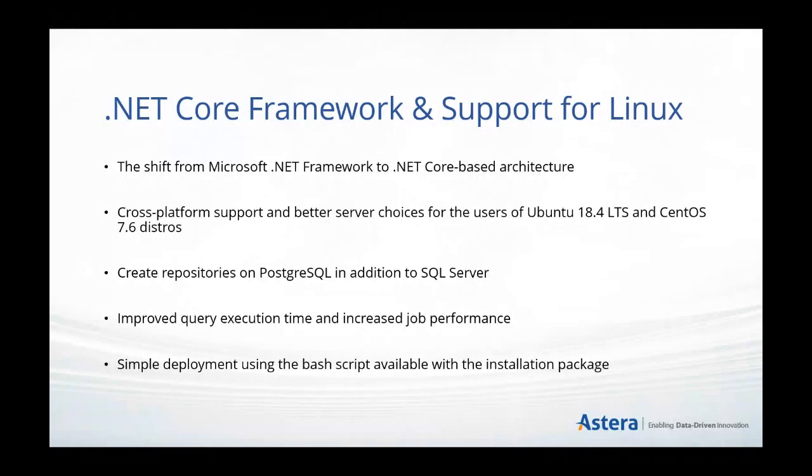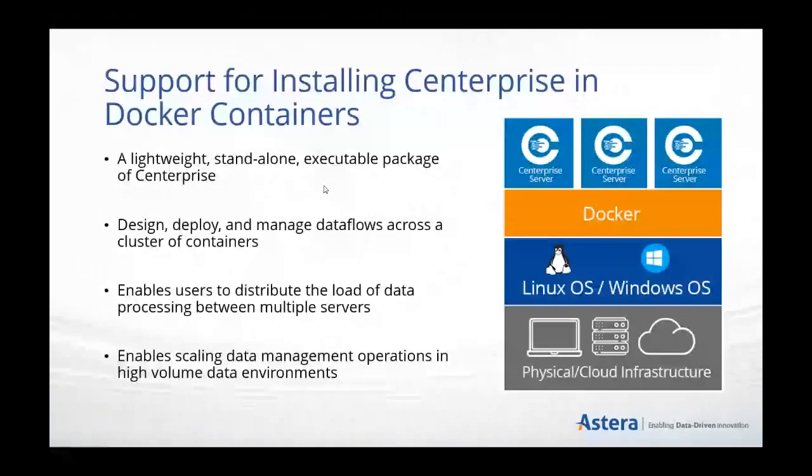What that means for Centerprise is that you can easily scale deployments very quickly with just a couple of commands. If I want multiple Centerprise servers sitting side by side to increase throughput, I don't have to rent multiple virtual machines as you did in version 7. I can now just have Docker on a single machine and have multiple instances of that environment.